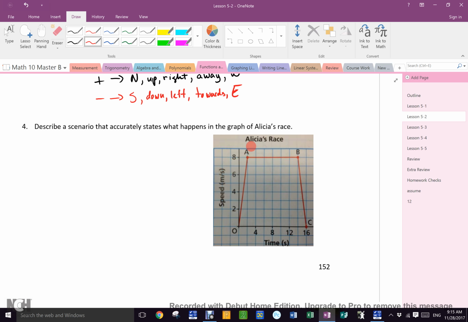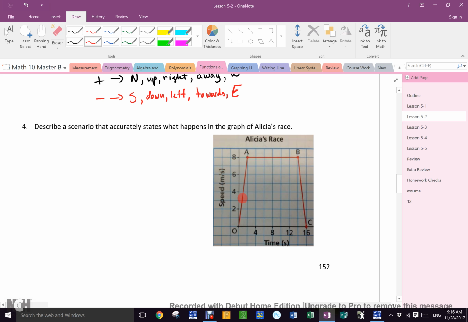Talk to your neighbor if you need to. No. It's not a distance time graph. Speed time graph. Gotcha.